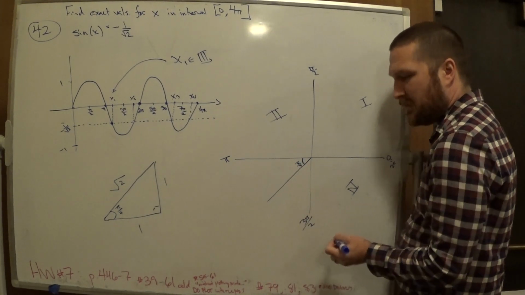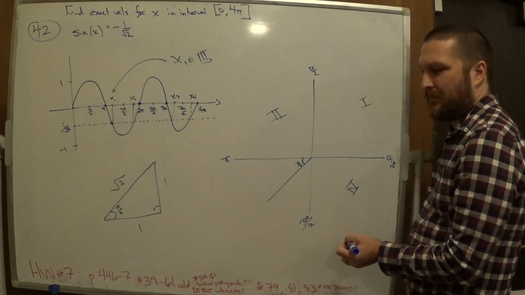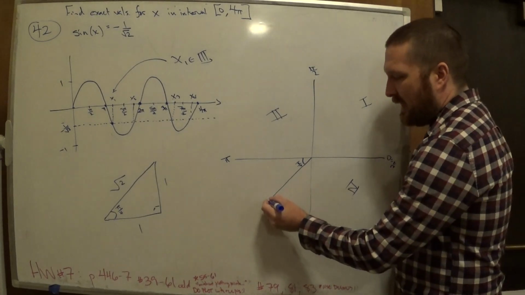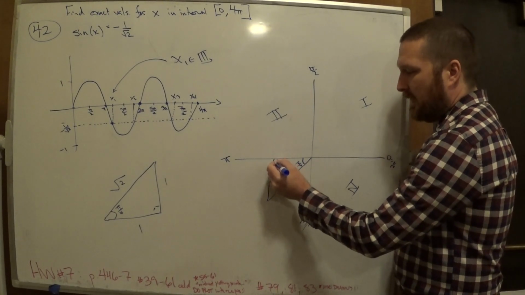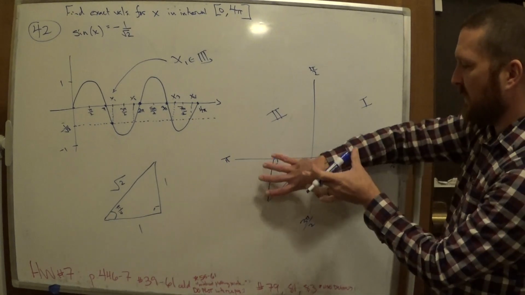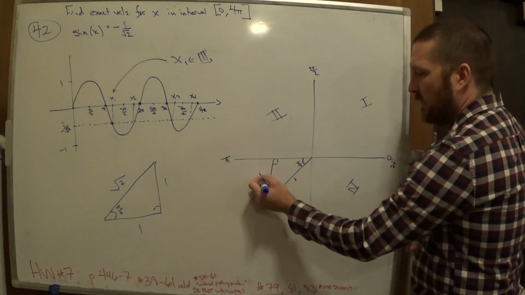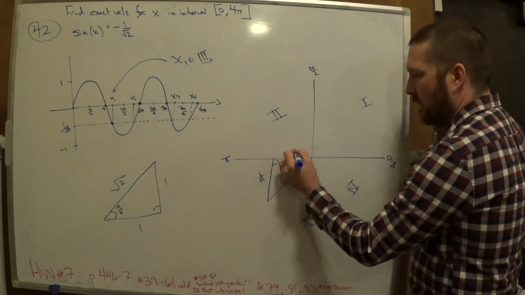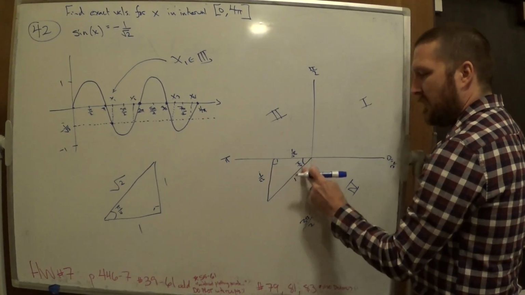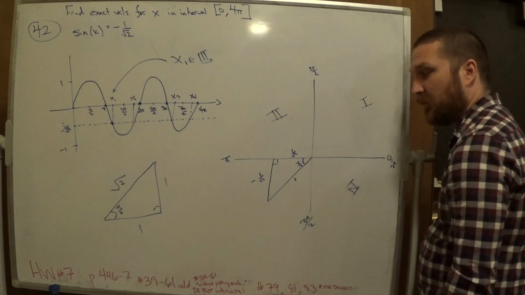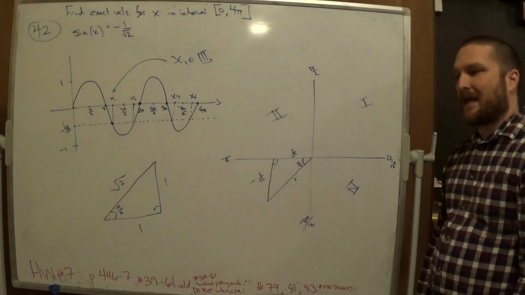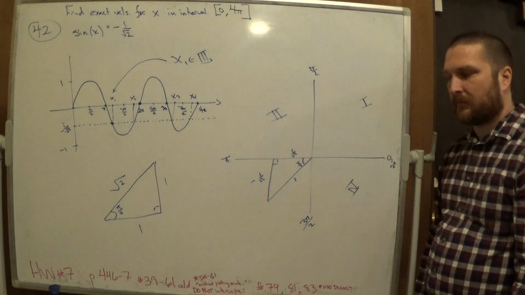Does that make sense? Yeah, right? And if you were so inclined, take this thing and rotate it and then shrink this down, and you would end up with a 1 right here, a 1 over root 2 right here, and a 1 over root 2 right there. This guy would be negative, which lo and behold is exactly what you want, right?